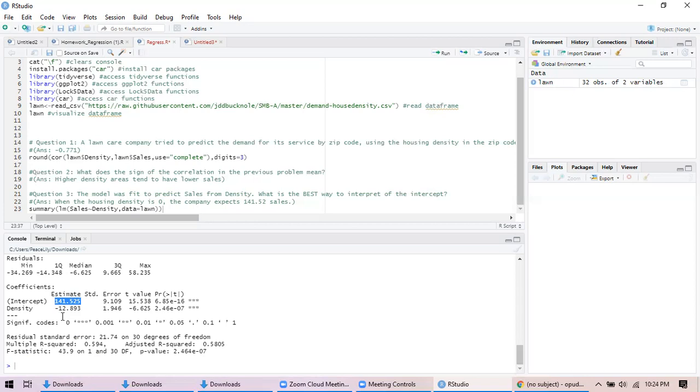All right. So y equals mx plus b, right? Right. And what is this guy? That's the intercept.